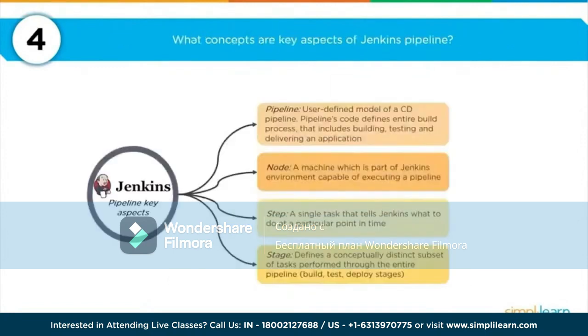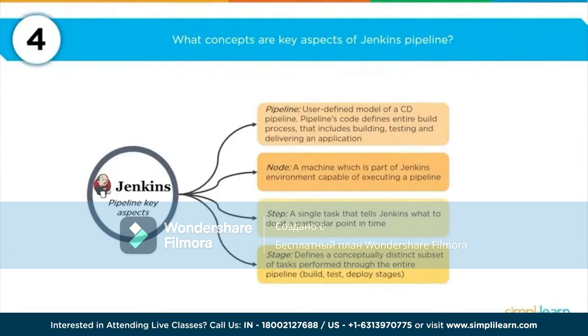When working with Jenkins, you're going to be asked what the key concepts and aspects of working with a Jenkins pipeline are. You want to go through four key areas: pipeline, node, step, and stage. Pipeline refers to the user-defined model of a CD, continuous delivery, pipeline.